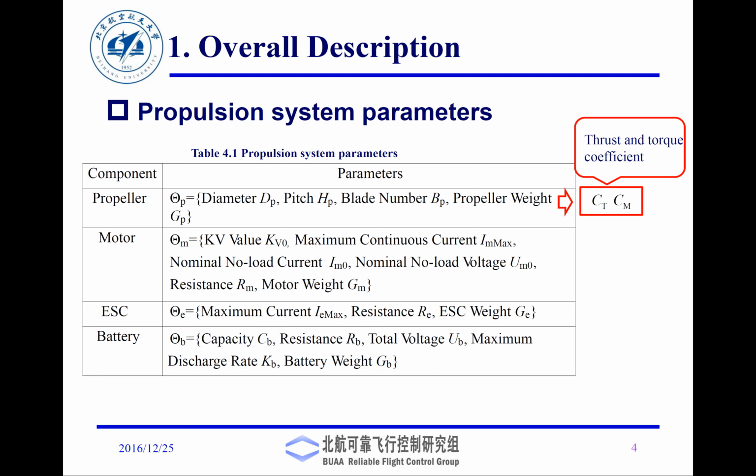Typically, whenever you see a prop, there will be something called the thrust coefficient, Ct, and a moment coefficient, Cm. Now, the airfoil concept is very simple. If you think about your palm, you just place your palm in the incoming flow of air.